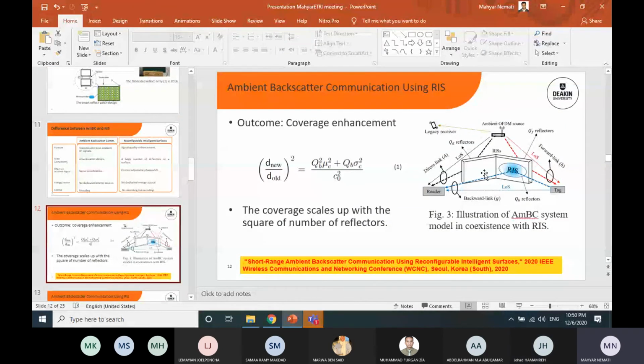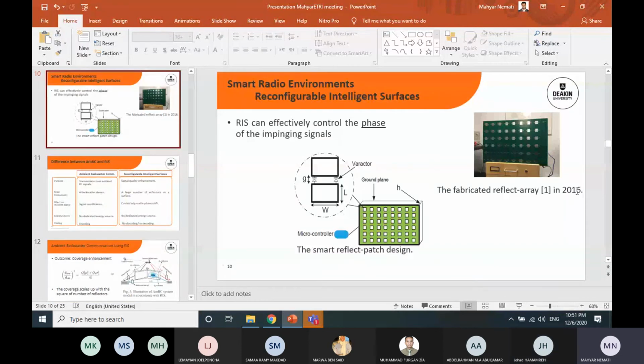This is a wall which is equipped with reconfigurable intelligent surface sensors. We currently have more advanced metasurfaces or intelligent surfaces at the time that I'm talking.